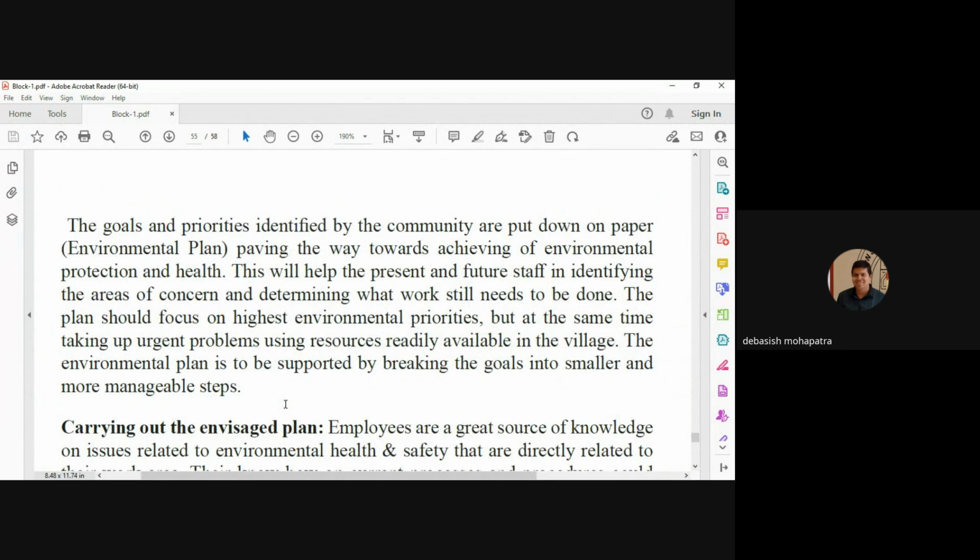The goals and priorities identified by the communities are put down on paper, paving the way towards achieving environmental protection and health. This will help the present and future staff in identifying the areas of concern and determining what work still needs to be done.